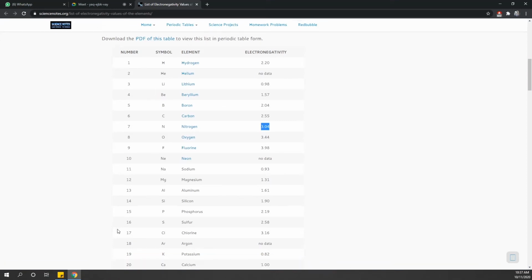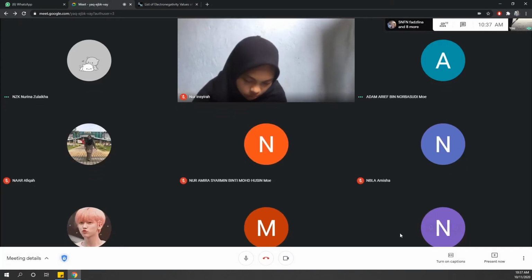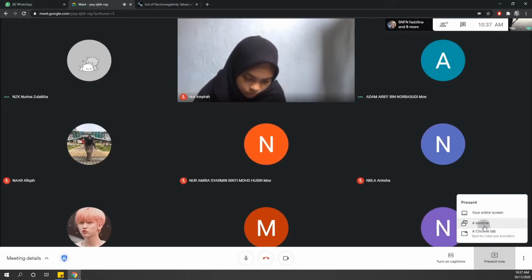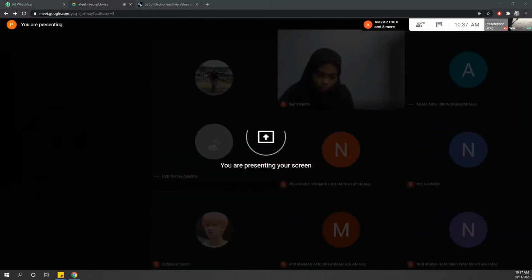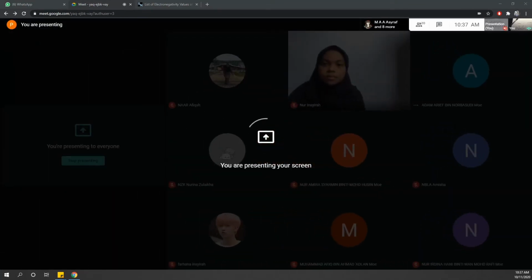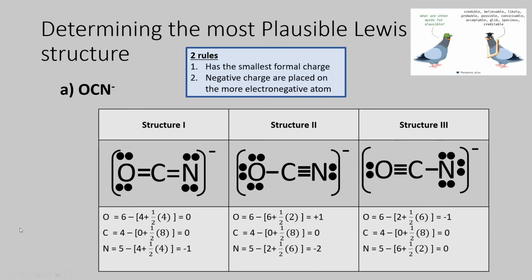So, kita dah tahu from that information, kita tahu oxygen is more electronegative. So, dia lebih suka untuk ada negative charge tu.